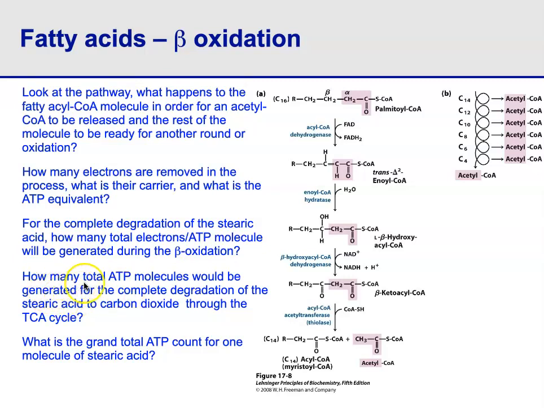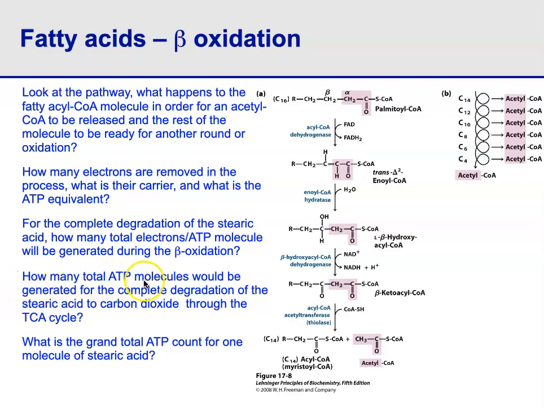Okay, how many total ATP molecules will be generated for the complete degradation of the stearic acid to carbon dioxide through beta oxidation and then the acetyl-CoA through the TCA cycle to carbon dioxide? So let me repeat the question again. I think I might confuse you a little bit.